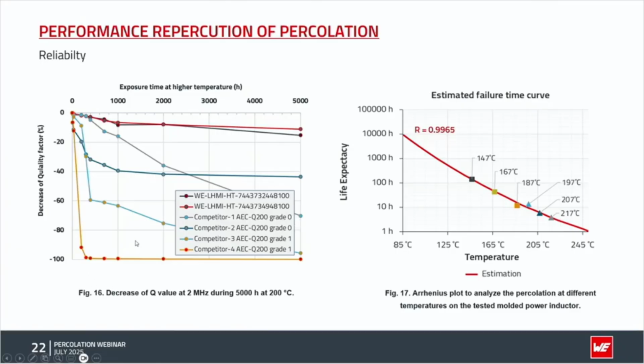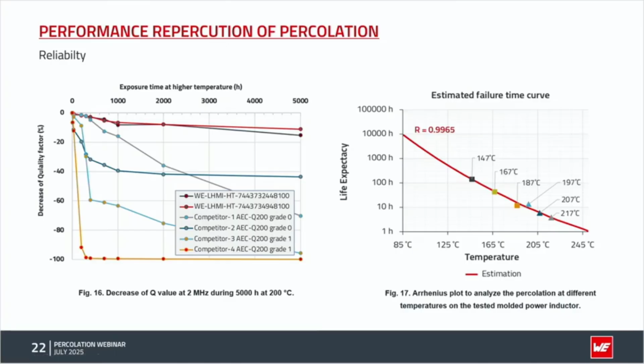At this point the decrease of the quality factor is almost 400% to zero. Another competitor, with just some exposure to higher temperature, fell. Our parts show some changes as well. But we can see that for this scenario, a size 1040, you need to reach around 40% decrease of the Q value to double the core losses.